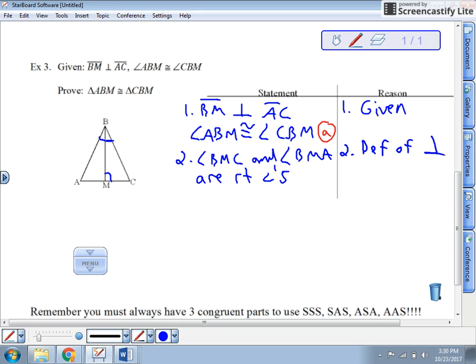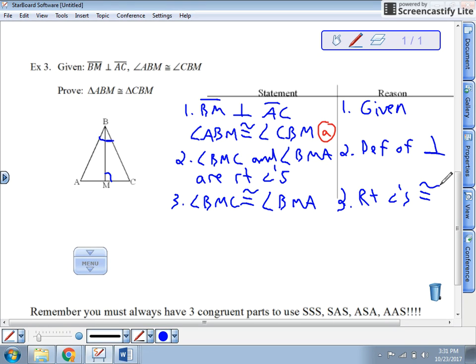And you'll get used to using that terminology, but if they tell you it's perpendicular, I promise you're going to use definition of perpendicular. And then since they're both right angles, we are then going to say that those same angles are congruent. Angle BMC is congruent to angle BMA. The reason, step 3: right angles are congruent. They both measure 90, so they've got to be congruent.